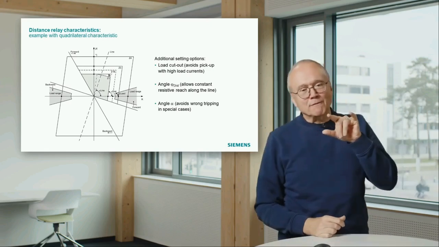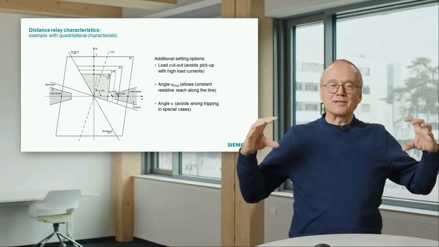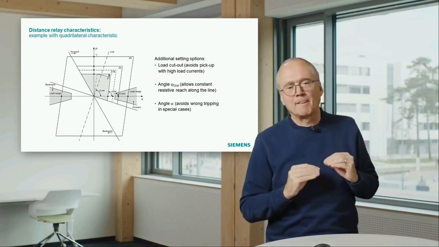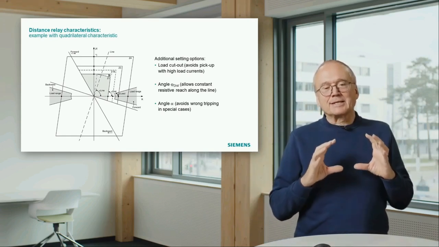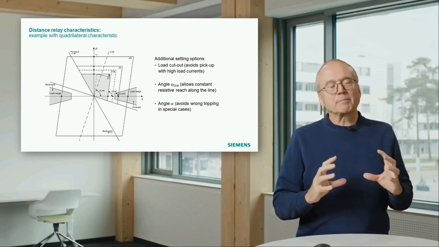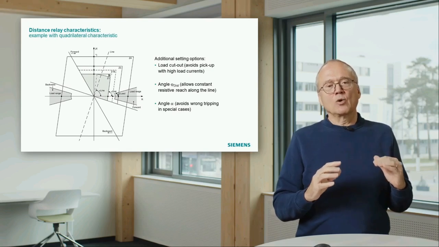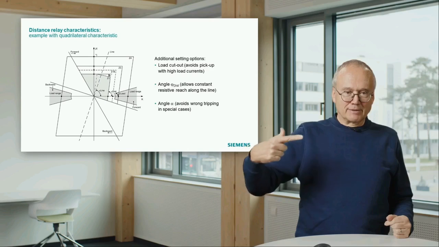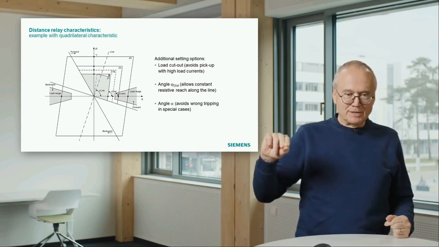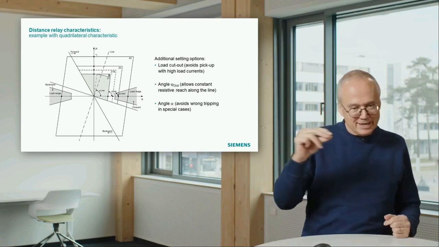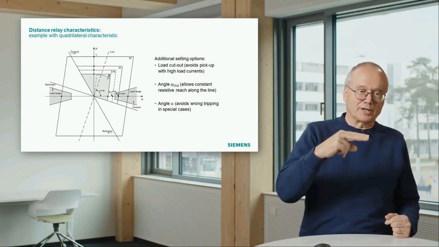And what is also visible here are these load cutouts on both sides, shaded here in gray. These load cutouts have been designed to allow, on one hand, that the load point, or the measured impedance, can move into the characteristic, can approach the characteristic.